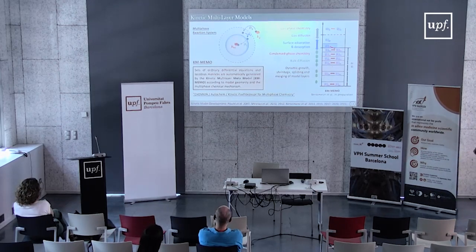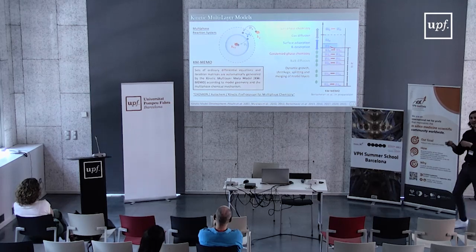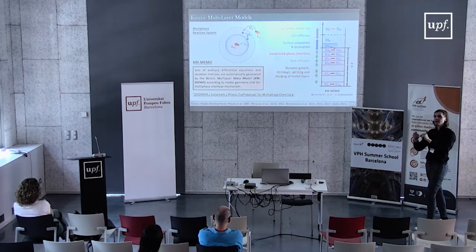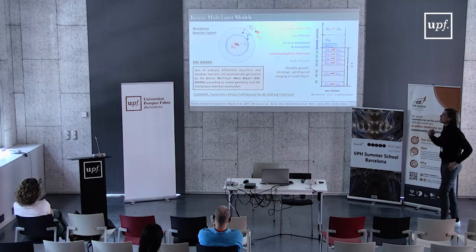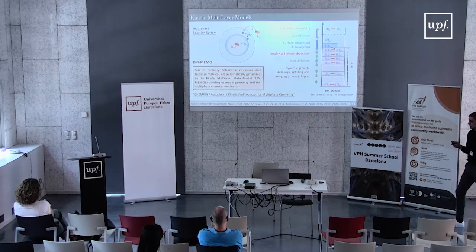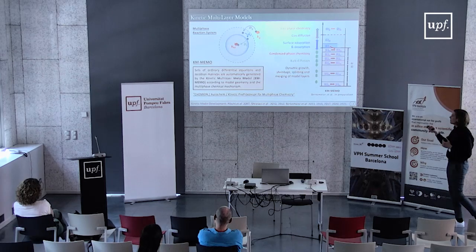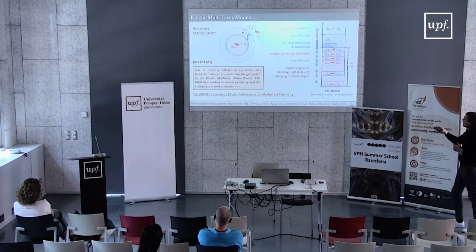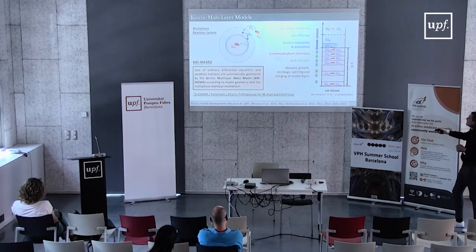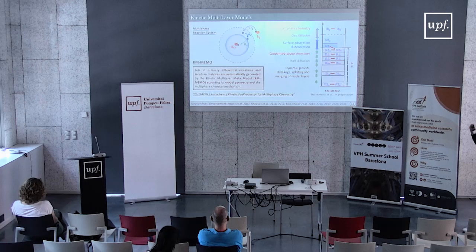These kinetic multi-layer models are combined chemistry and physics models, right? We really look at the chemical mechanism and all the physical processes that happen in these multi-phase systems. If you think of a multi-phase system, in the middle you have something like a condensed phase, a liquid or so, and on the outside you have a gas phase. In the model picture, maybe it looks like this: gas phase on top, condensed phase at the bottom. What we now do is solve all the chemistry and physics.